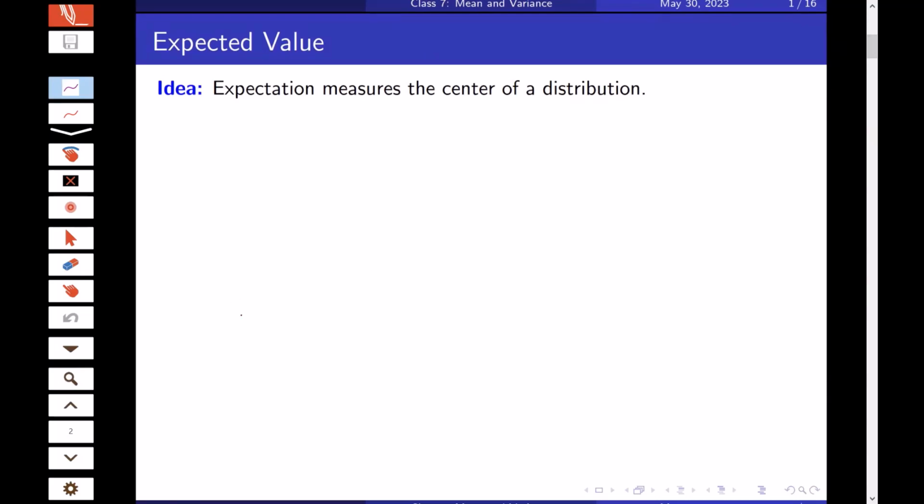If I draw the distribution function, this is one way I can draw the distribution function of a random variable.